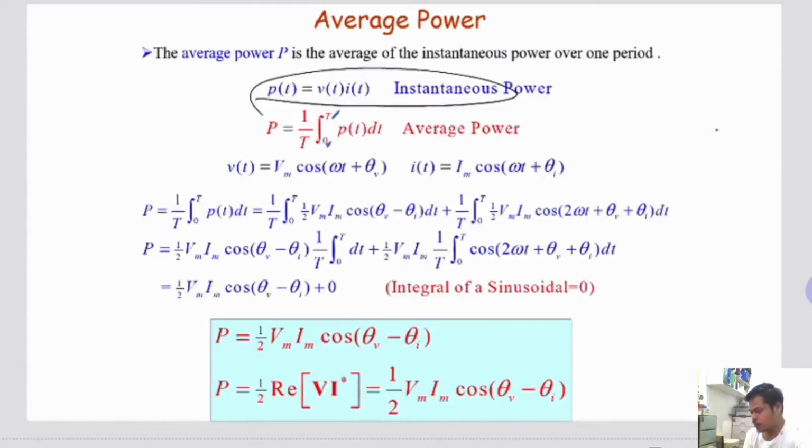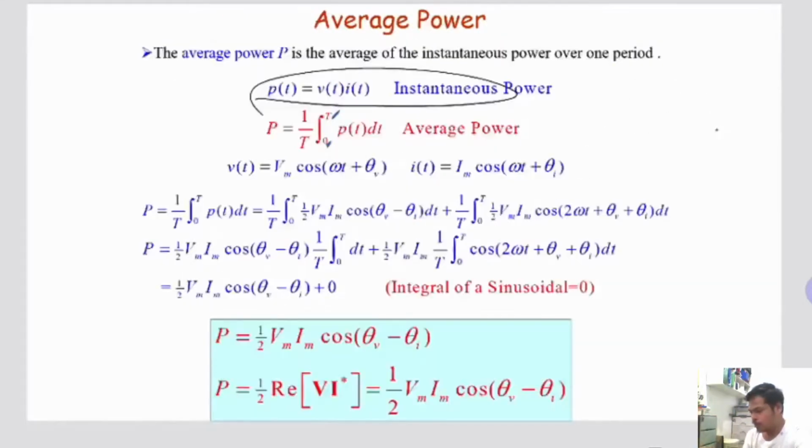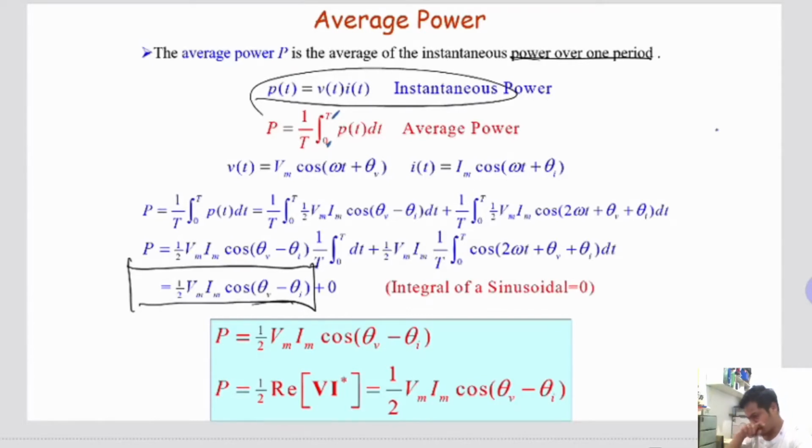If you take the integral of the instantaneous power over one cycle, or one period, the resulting equation is our average power.